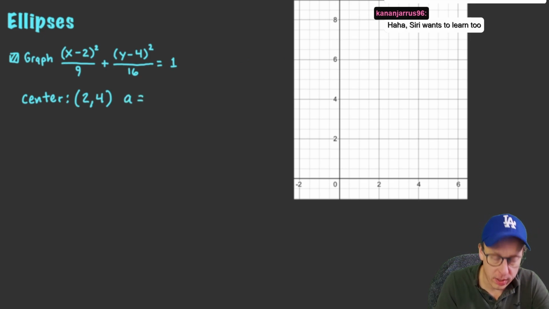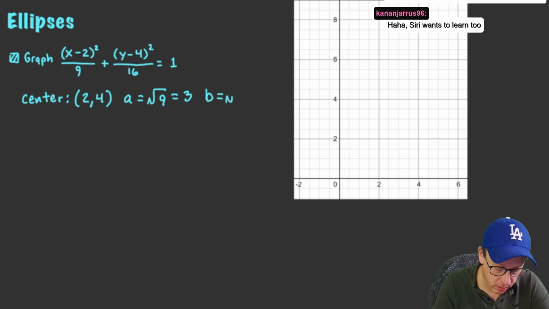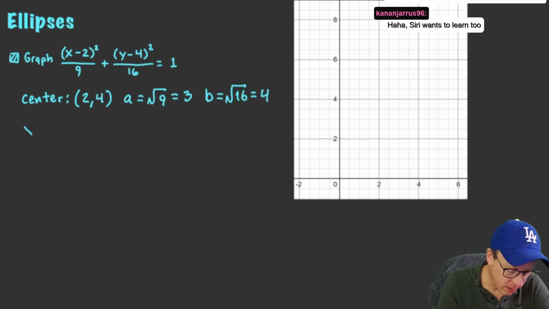A is going to be equal to the square root of 9, which is going to be equal to 3, of course. B is going to be equal to the square root of 16, which is going to be equal to 4.